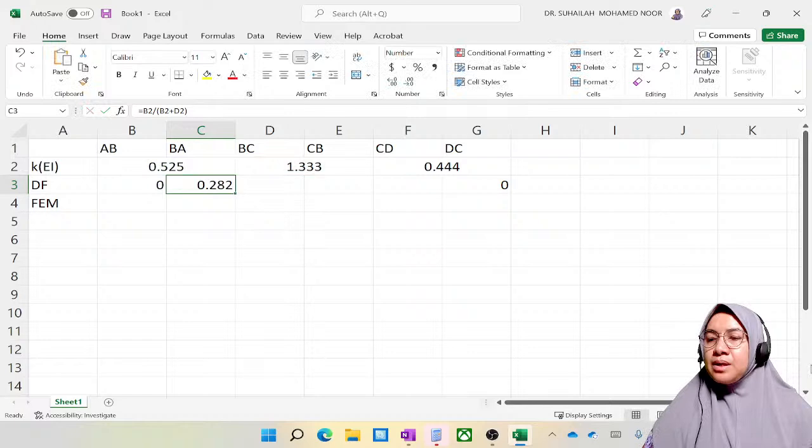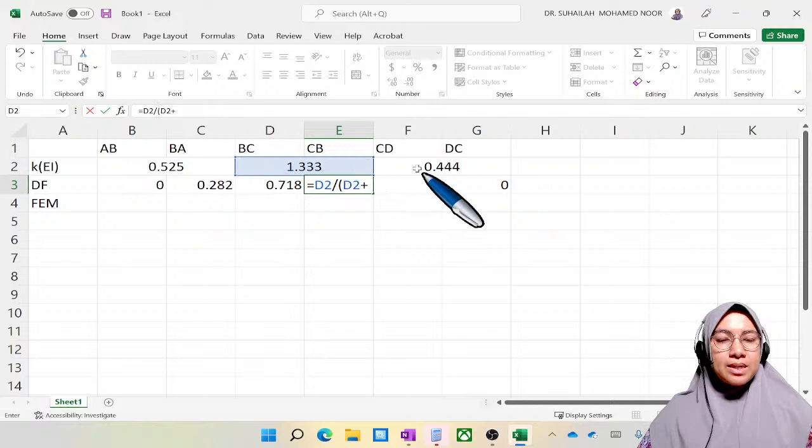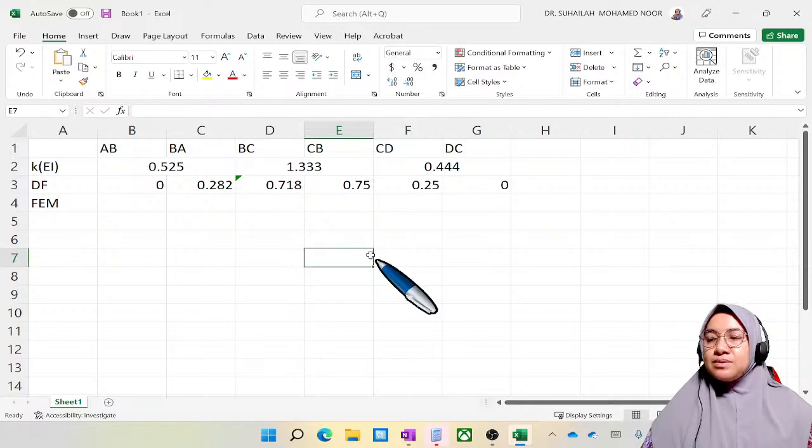And then for BC, I will get 1 minus that, we get 0.718. Then we continue with CB, divided by total plus this, we get 0.75. Another one is 1 minus 0.75, it is 0.25. So this will be the distribution factor, and it will be used in both tables.